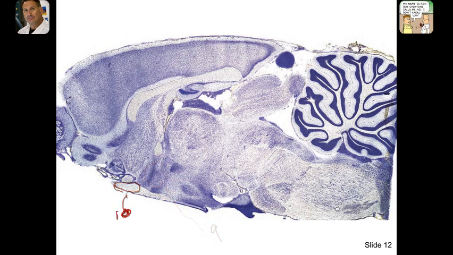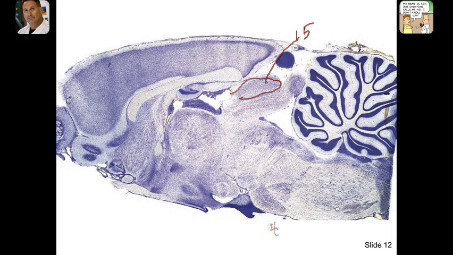We have the optic tract, the thalamus, the hypothalamus, we have the mesencephalon, we have the superior colliculus, the inferior colliculus.